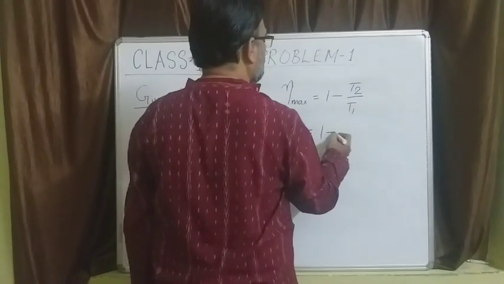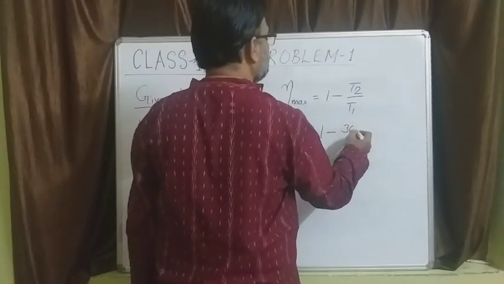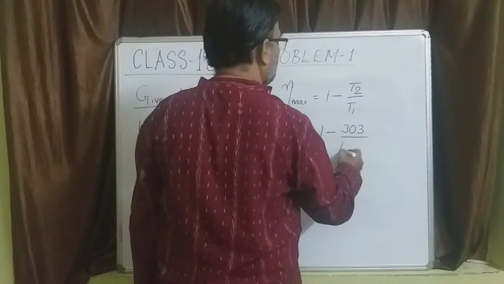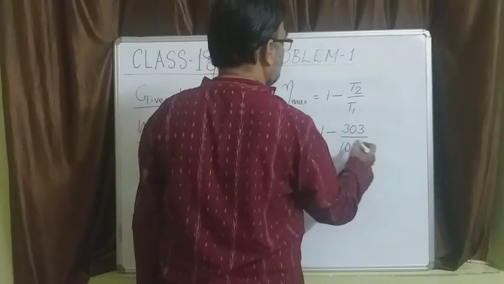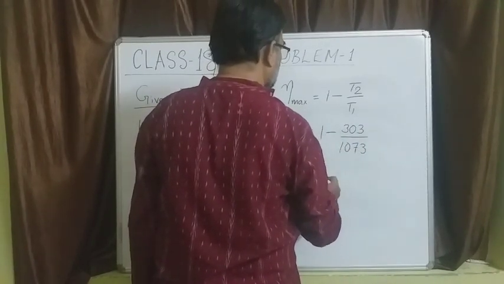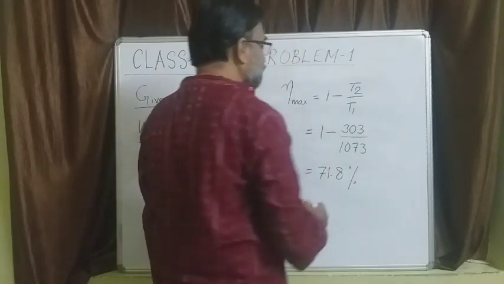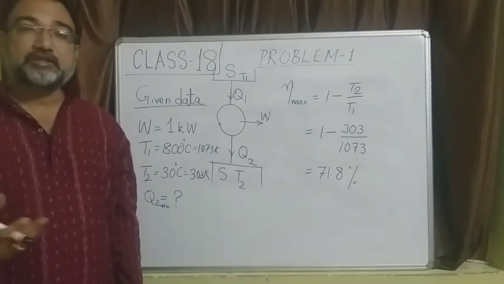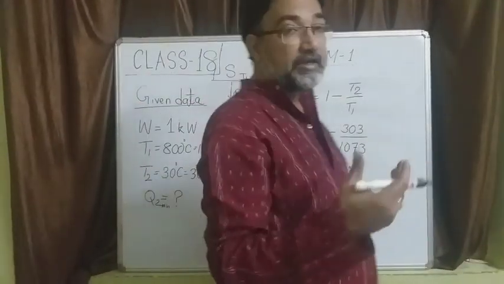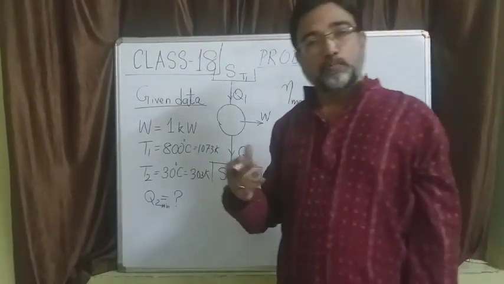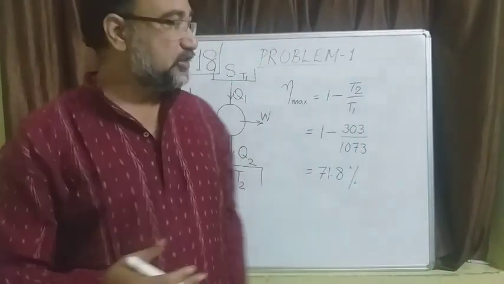Here it will be 1 minus 303 Kelvin over 1073 Kelvin. This comes out to be 71.8%. So the efficiency of the engine is 71.8%, or 0.718.